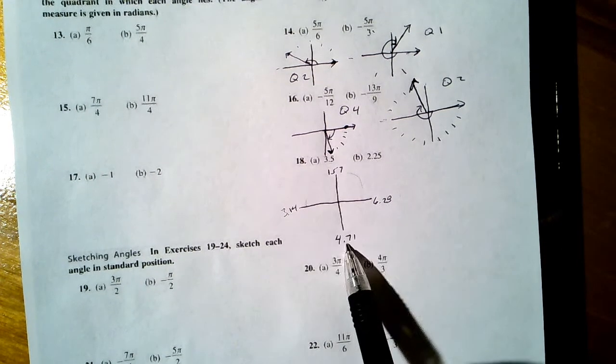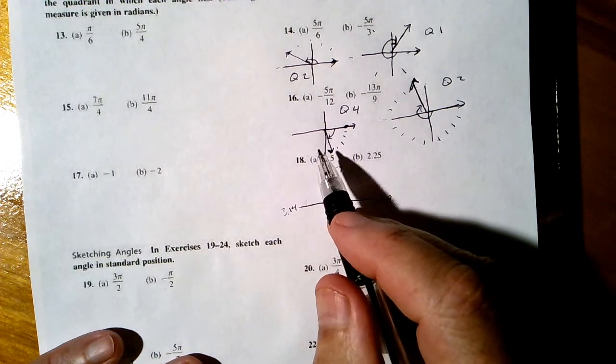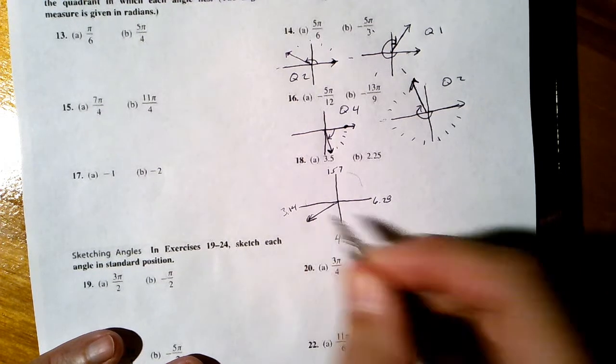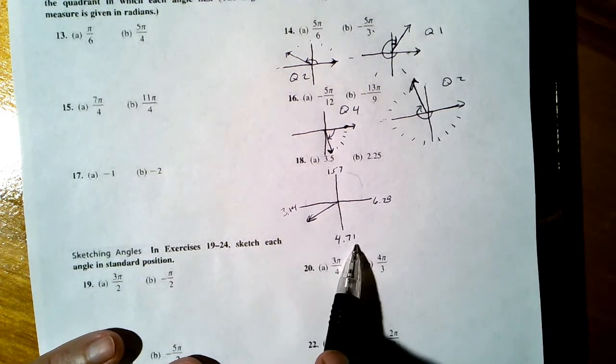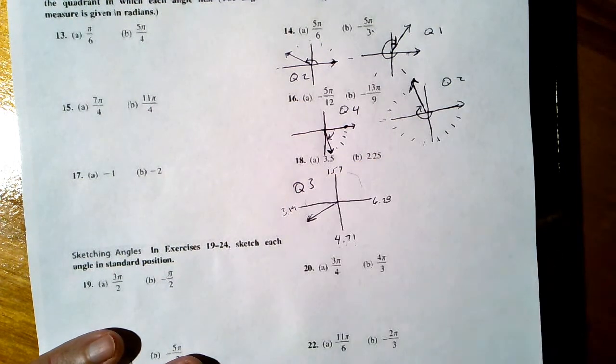Add these two together. So 3.5, I don't have to get the angle exactly correct, is somewhere between 3.14 and 4.71, closer to 3.14, but more importantly for this problem, it's in quadrant 3.